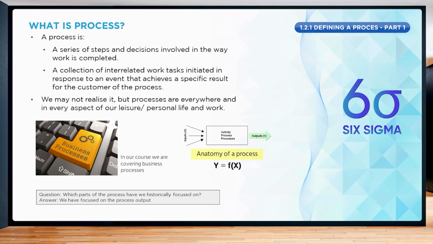So the definition, what is a process? A process is a series of steps and decisions involved in a way that a particular piece of work is completed within a business environment.